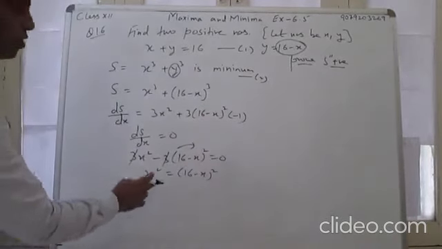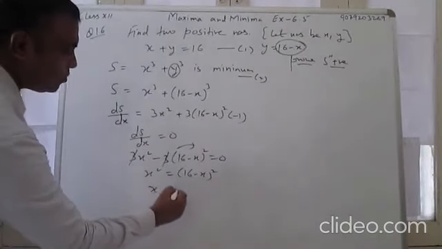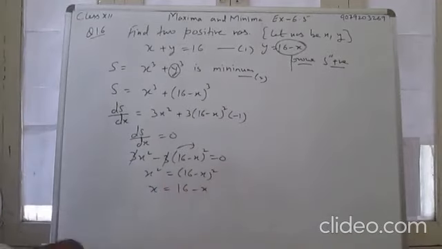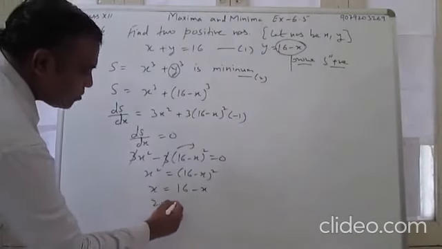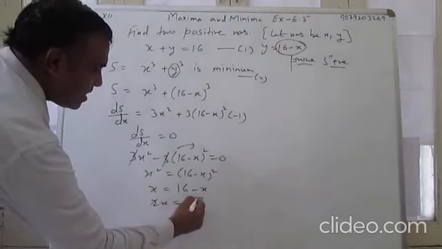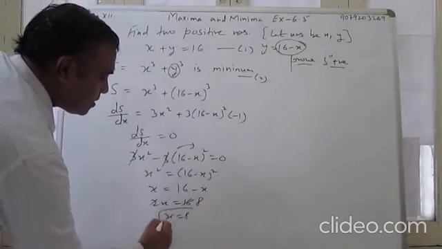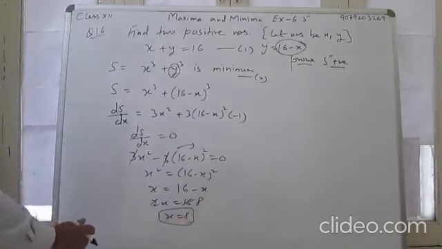Taking square root on both sides, x is equal to 16 minus x, as we take the positive side, so 2x is equal to 16, x is equal to 8.